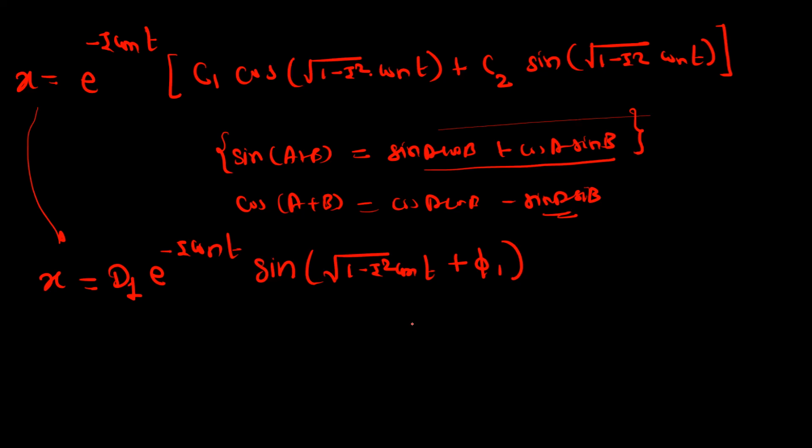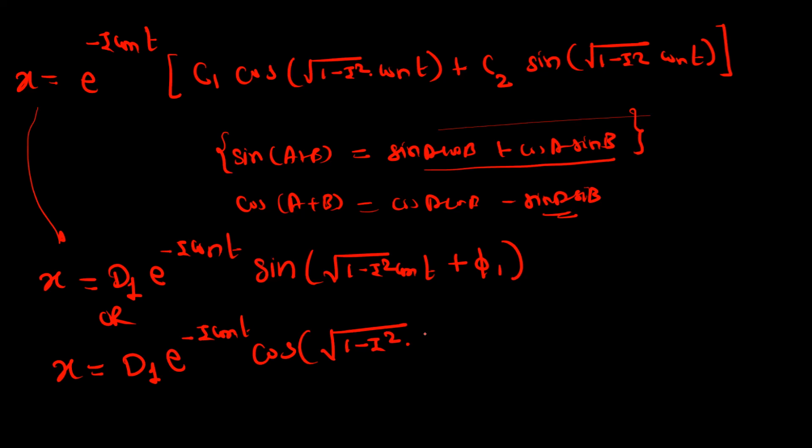Or we can write the same equation as x is equal to constant D1 e raised to minus zeta omega n t cos of square root 1 minus zeta square omega n t plus constant phi 1.